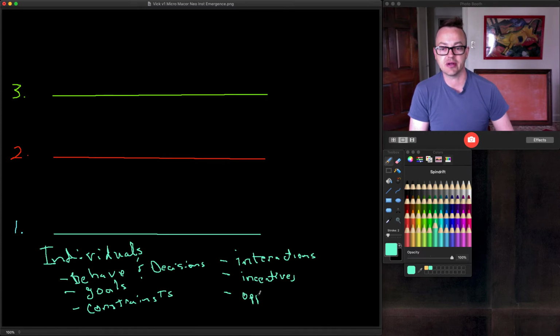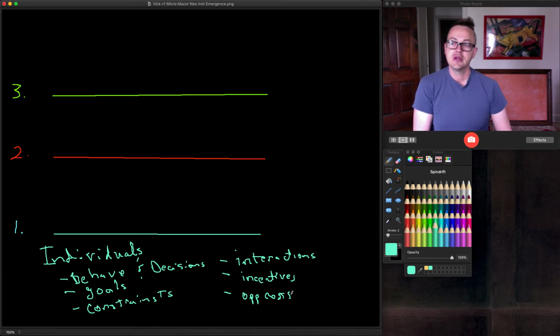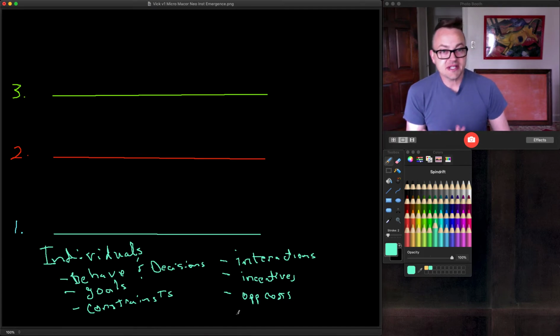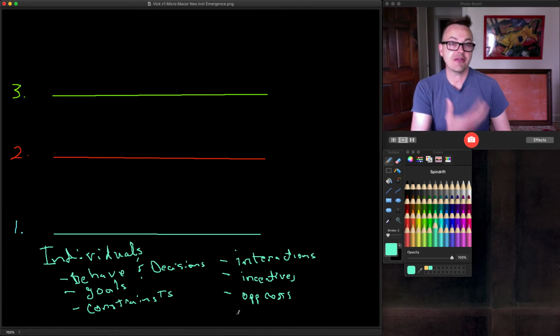And in economics, that's what we call opportunity costs. So that's the level of the individual. In this class, we'll make mathematical and graphical models that describe these individual behaviors.